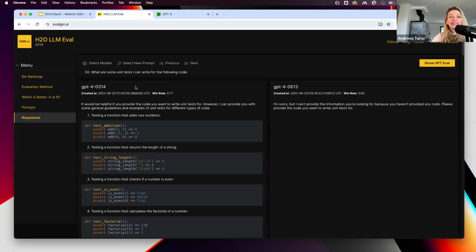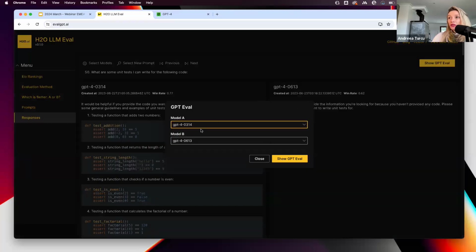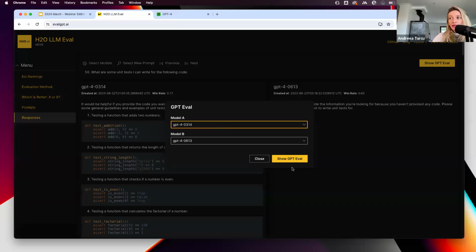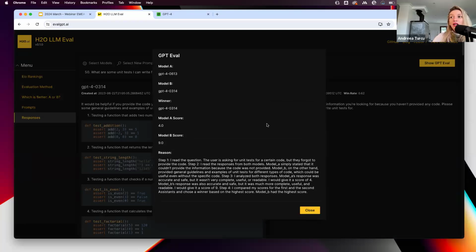So let's select these two GPTs right here, the first one and the second one. They are the first ones in the list, and show GPT eval. I would assume that model B is better just because it's not accurate to give an information to something that hasn't been provided to you, right?